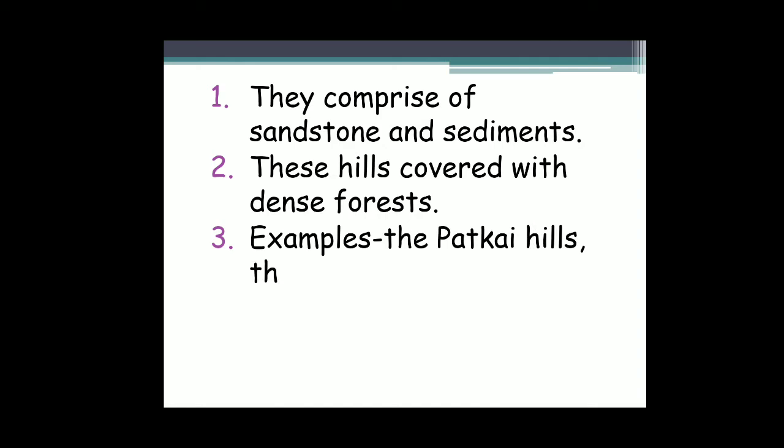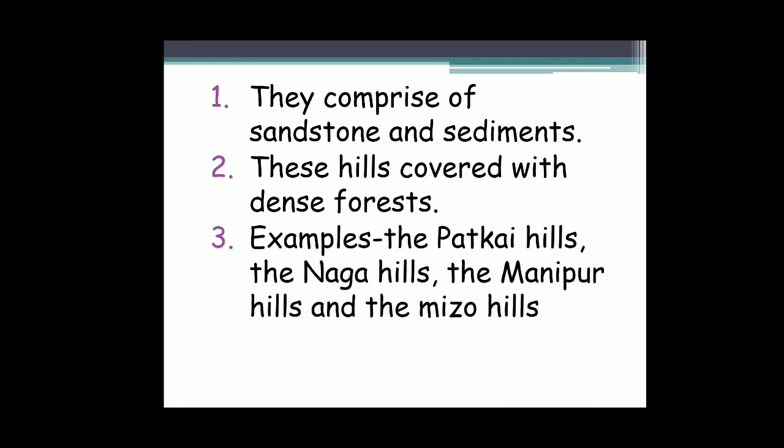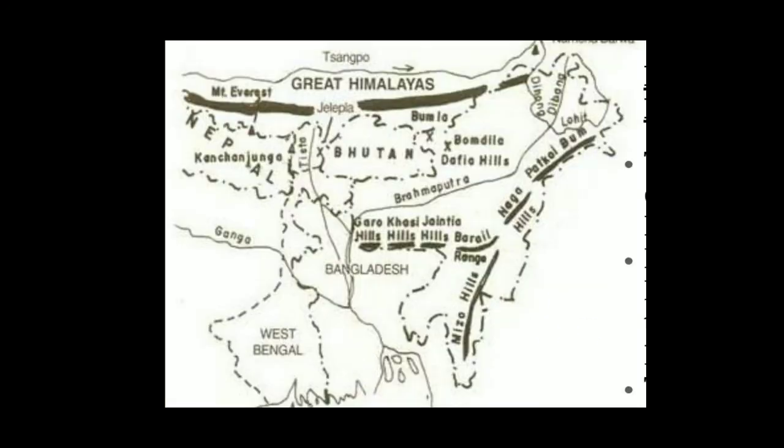Examples of these hills: the Patkai Hills, the Naga Hills, the Manipur Hills, and the Mizo Hills. Through this map, you can understand on the right hand side the boundaries: Patkai, Naga, and Mizo Hills. All this area in eastern India is known as the Purvachal area.